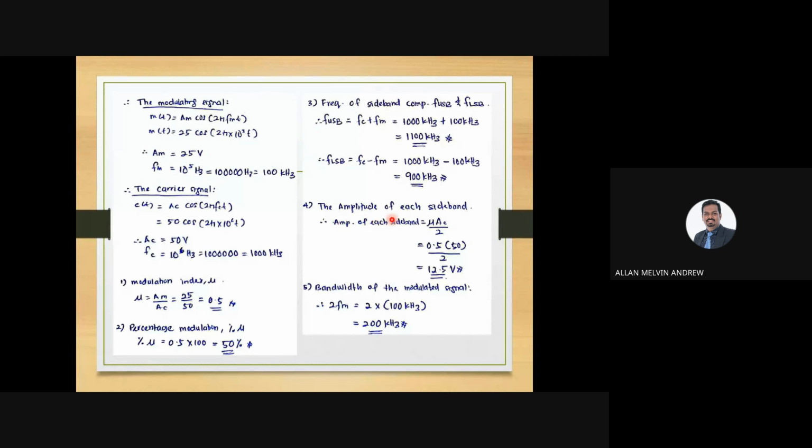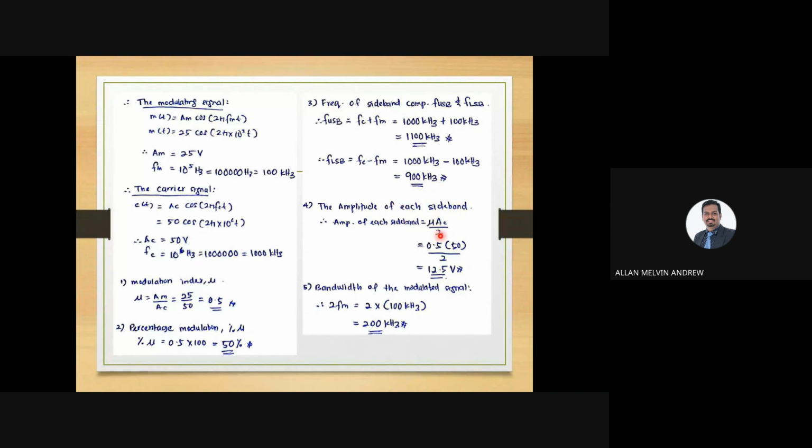So you already found the frequencies of the sidebands. Now the amplitude of each sideband. The formula is two times the amplitude equals mu AC. Since we want the amplitude of each sideband, you use mu AC divided by 2, because you only want one sideband.